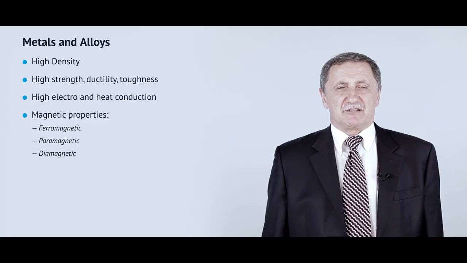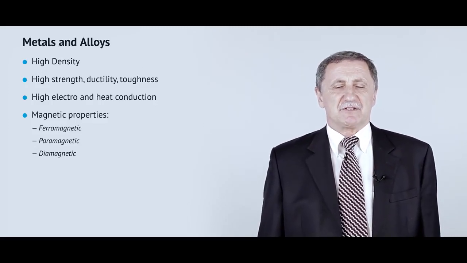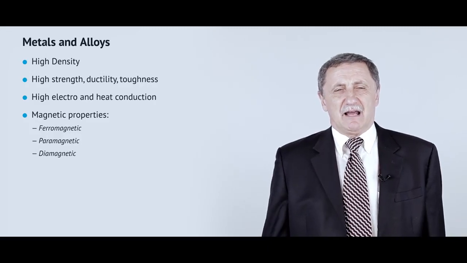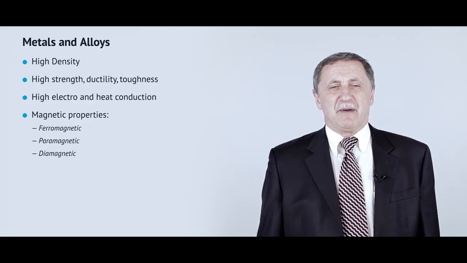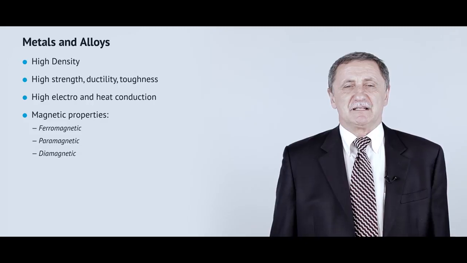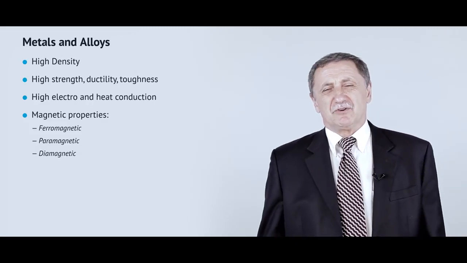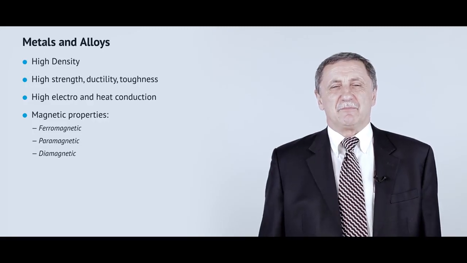They should be pretty strong, so they have high strength and toughness. Typically, they are electric and thermal conductors; copper is maybe the best electrically and thermally conductive material. And also, for sure, if you're thinking about magnets, you know that you have to pick them among the metals.